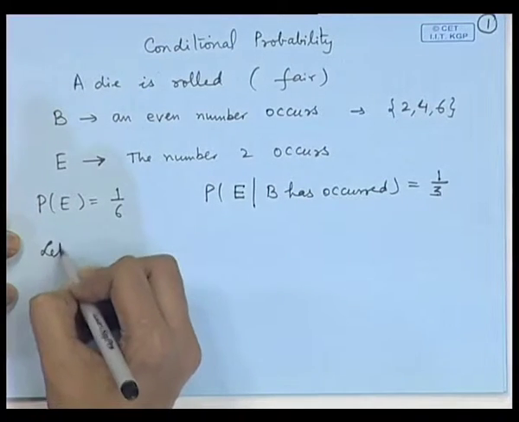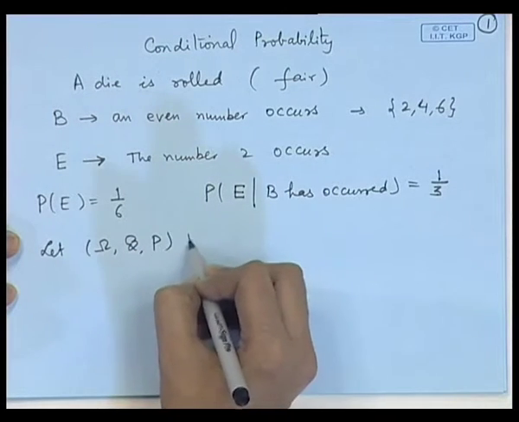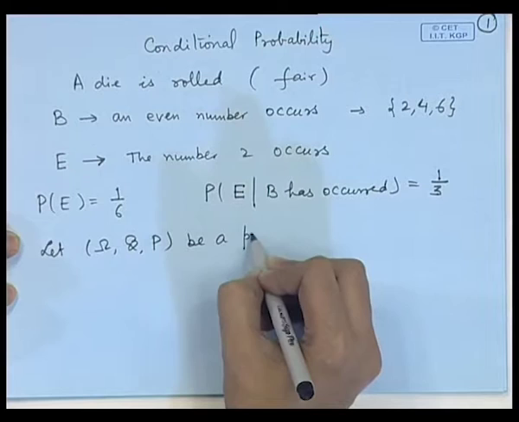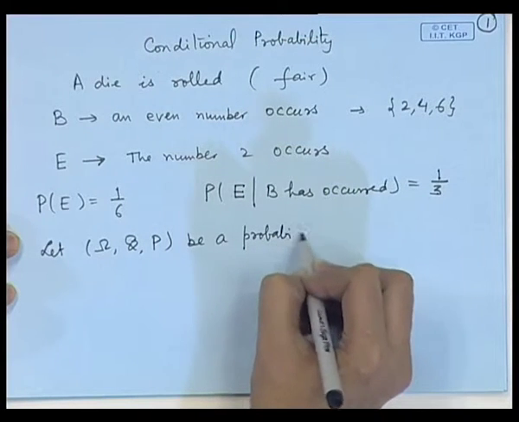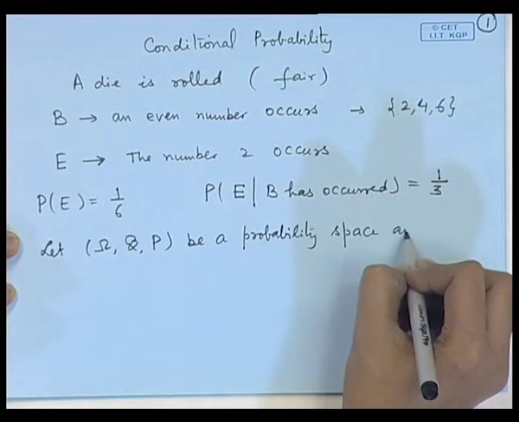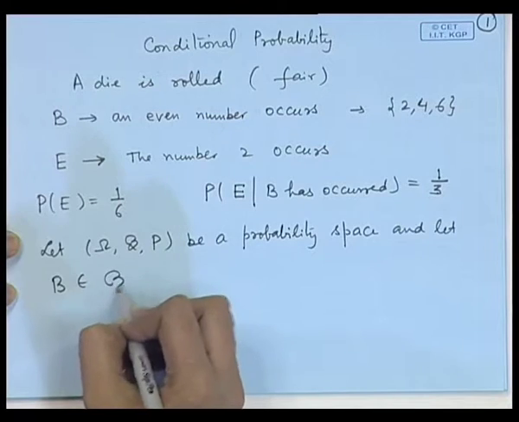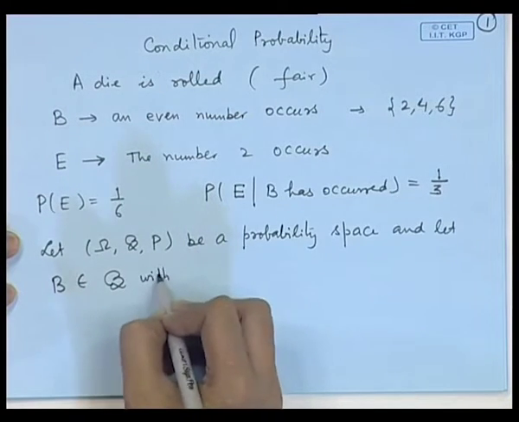Let (Omega, script B, P) be a probability space, and let B be an event with positive probability.